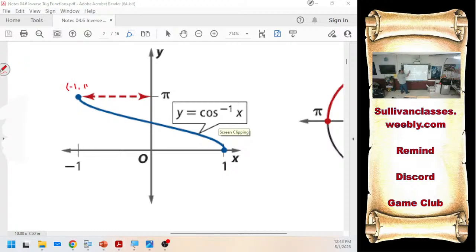From -1, pi to 1, 0. It's important that we know what is legal and what is not with these. This is a whole new commandment of domain. And I know you didn't touch this in geometry.